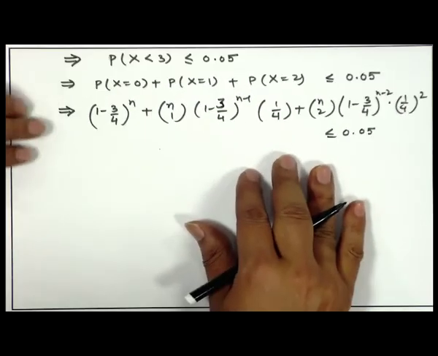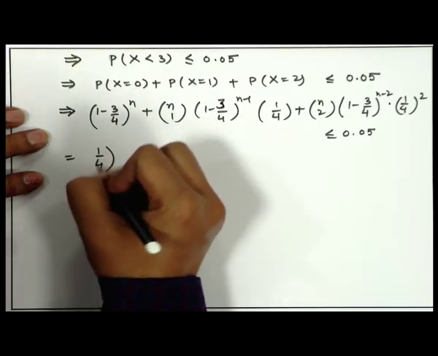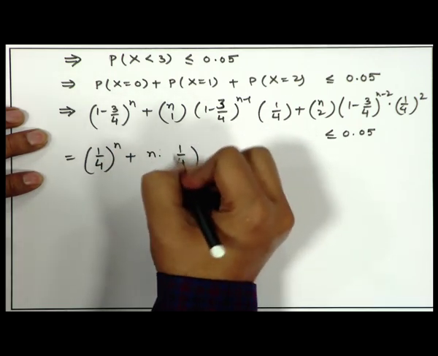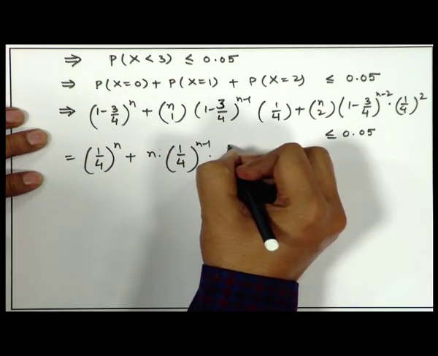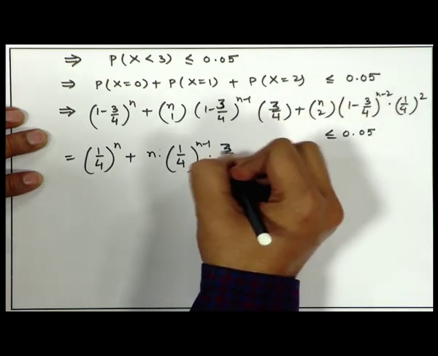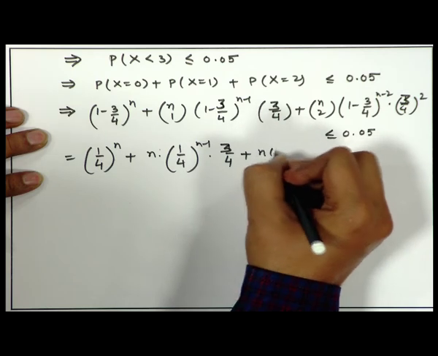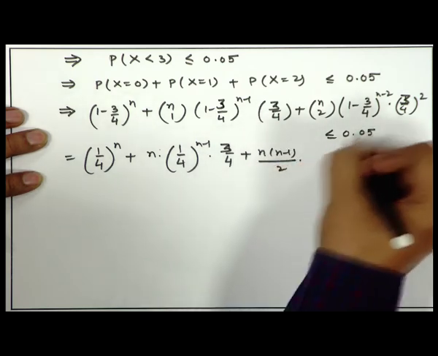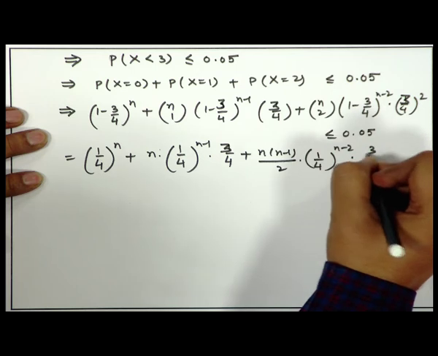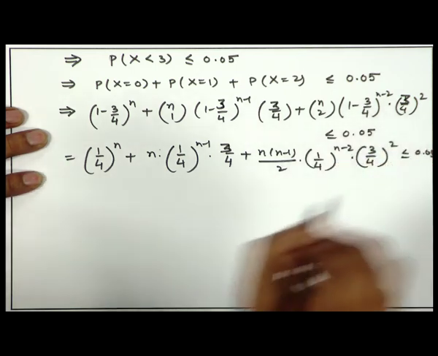So, this becomes a little bit of algebra here. This first term is (1/4) to the power n plus n (1/4) to the power n minus 1 into 3/4 plus n(n minus 1)/2 (1/4) to the power n minus 2 (3/4) square less than or equal to 0.05.